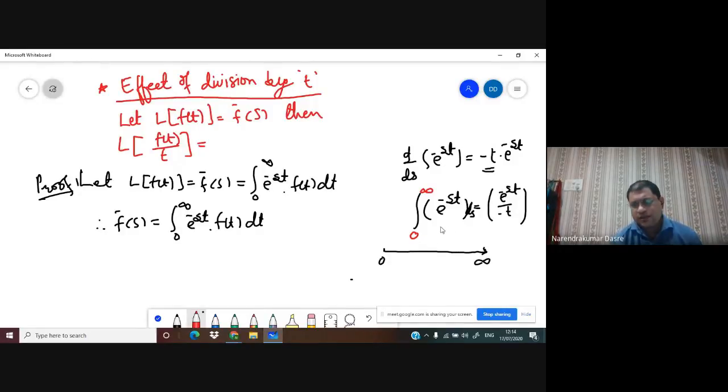Can you guess the value of this integral? Just try to guess. We don't have to go to the actual value. So if I use 0, then I will have this constant term.